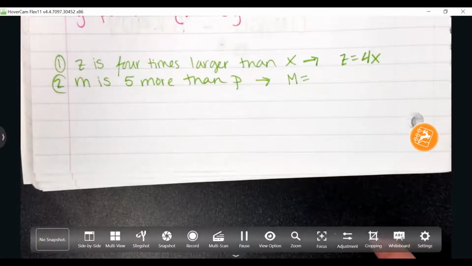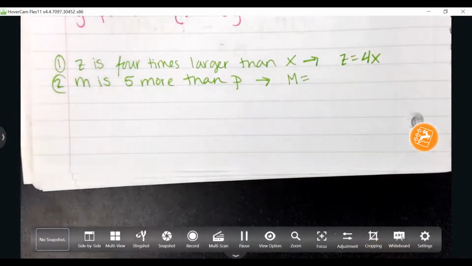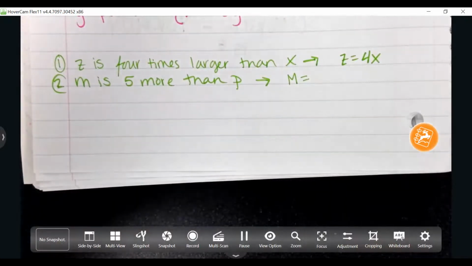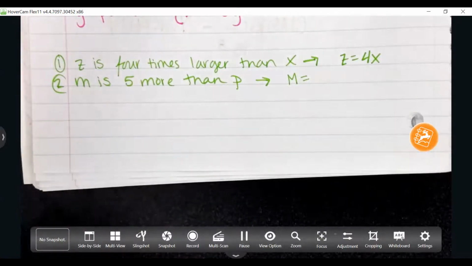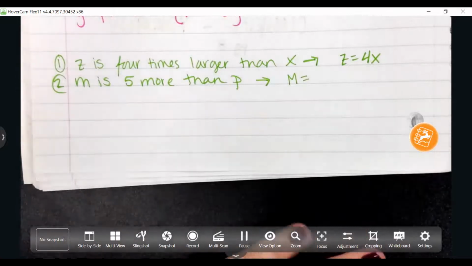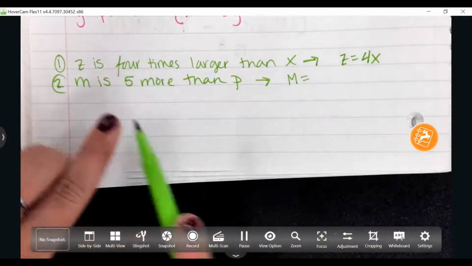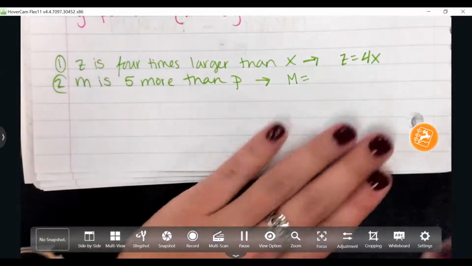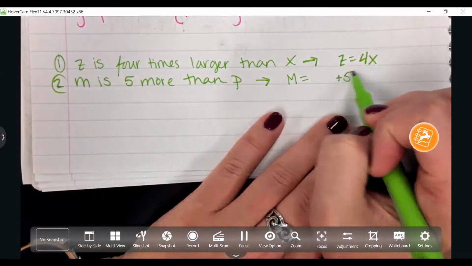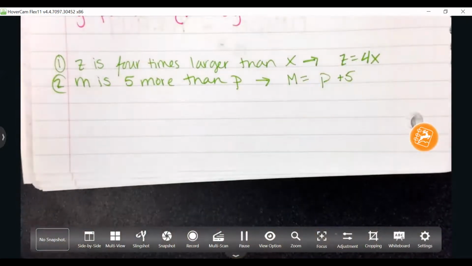If you have addition or subtraction, the best thing you can do is put it at the very end so you don't get confused. So instead of saying 5 plus P, what would be even better? P plus 5. And I'll show you why in just a minute, okay? So M is 5 more. I know I'm going to have to add 5 to something. What am I adding 5 to? The letter P.